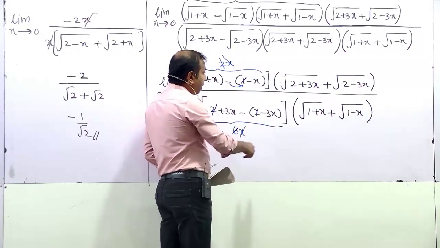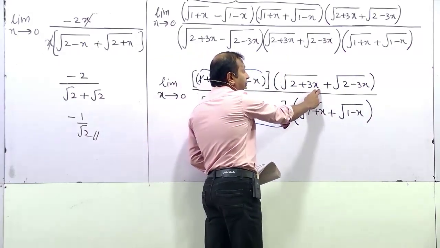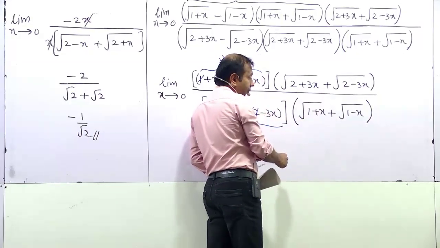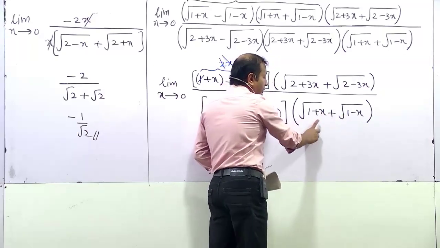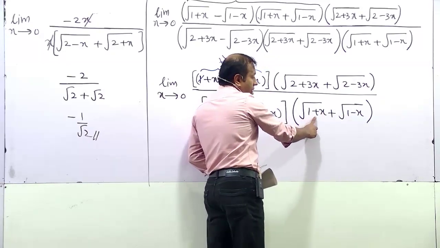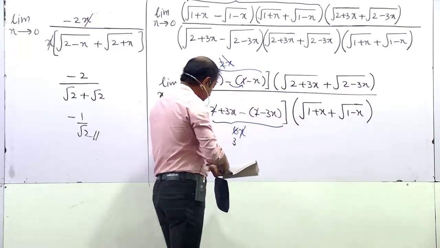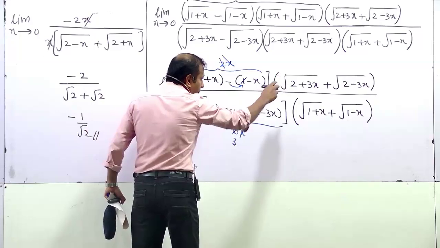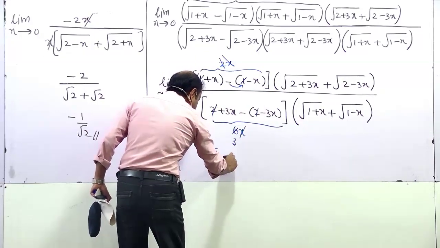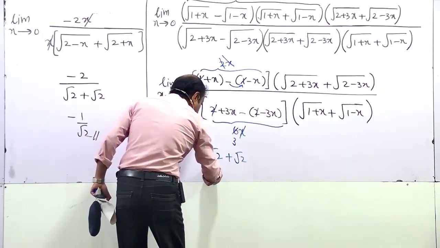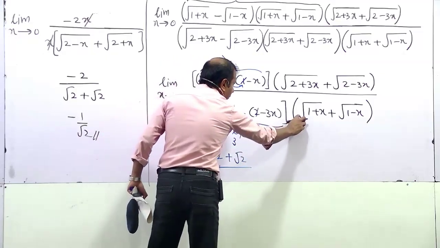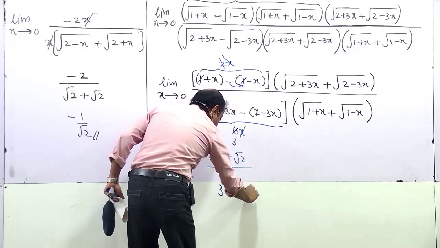Here we have 3, right? What do you get here? When you put x equals 0, 3 into 0 is 0, root 2 plus root 2, 2 root 2. Here 0, here 0. Root 1 means 1. 1 plus 1, 2, no? Yes. Then we can write root 2 divided by 3 times root 1 plus root 1, meaning 1 plus 1.